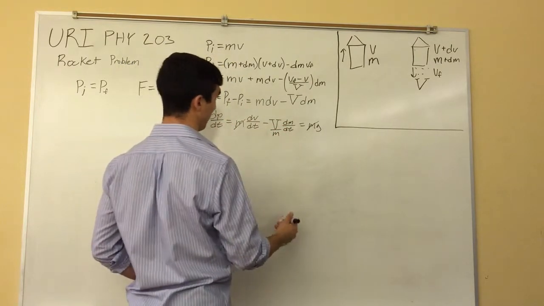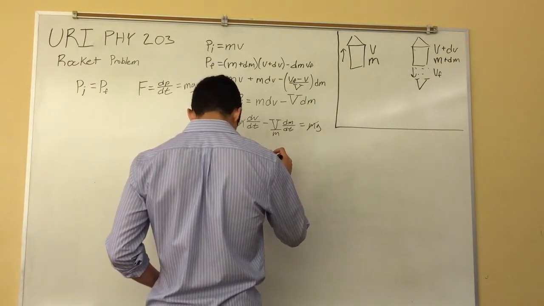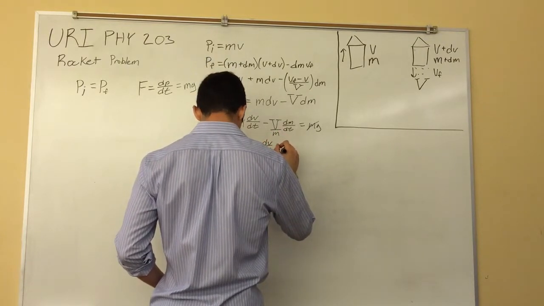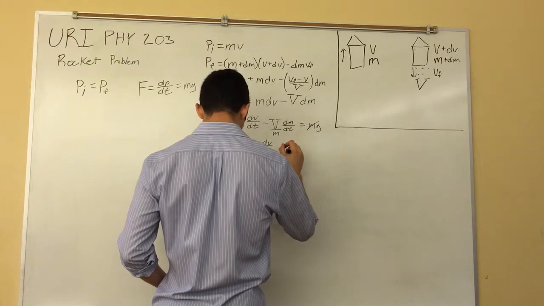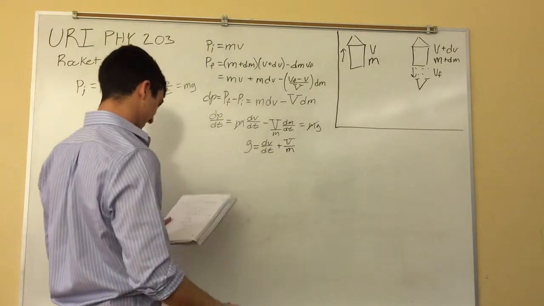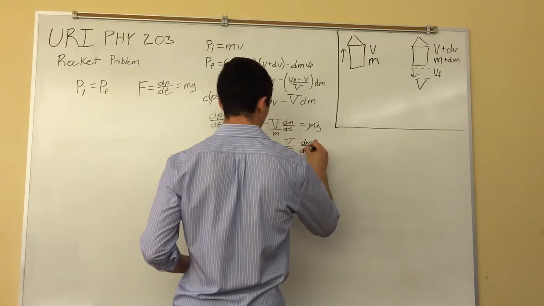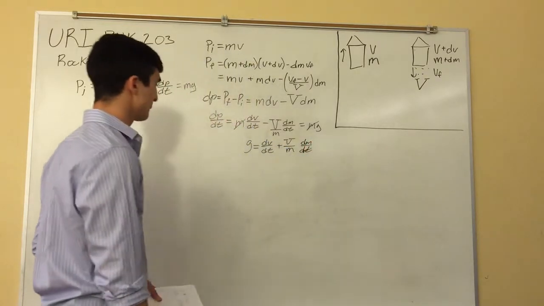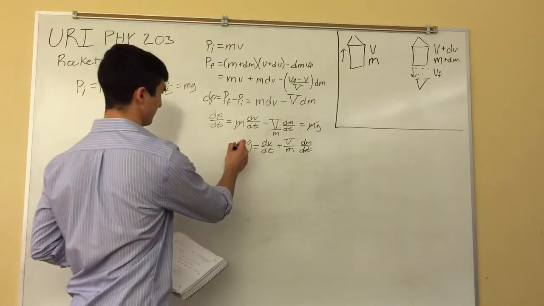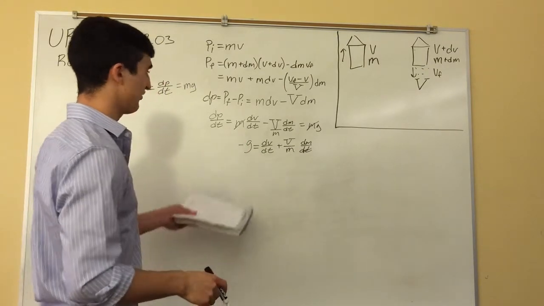So we're going to say now that g is equal to, and here we go, yep, it is dv over dt plus v over m dm dt. All right. So a little bit of algebra, but this is where your algebra ends. Also, g is negative since it's pointing down. Little things. Now your calculus begins.